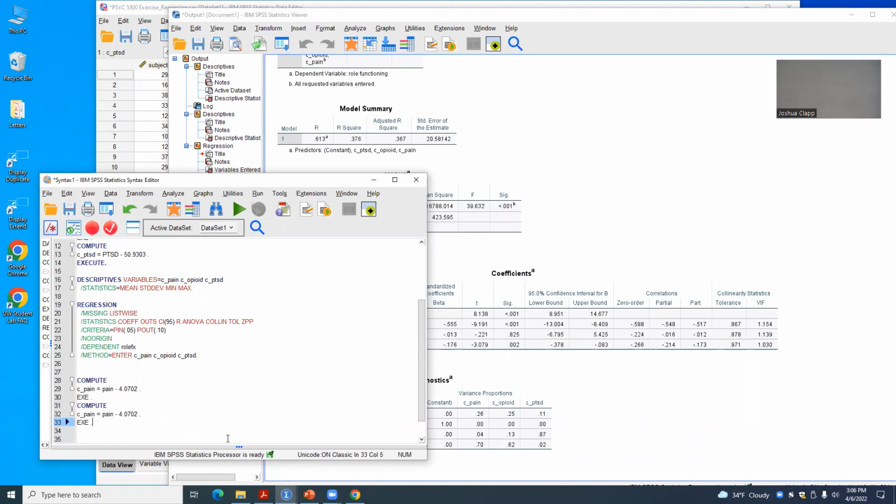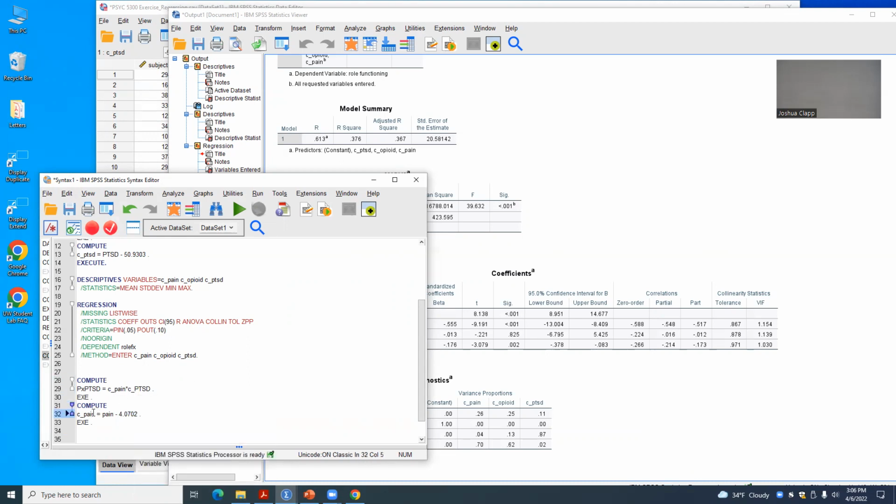What I'm going to want to look at is, make sure my notation here is right, we're going to call it pain times PTSD, which is going to be centered pain times centered PTSD.